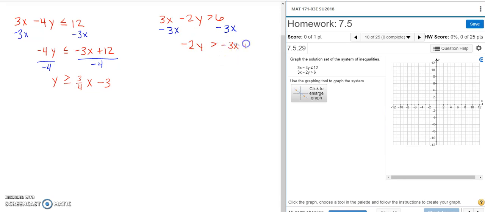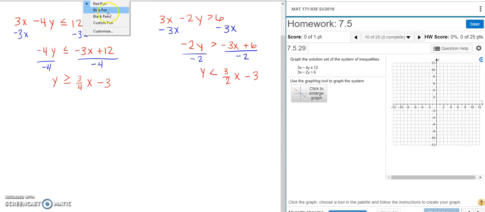But it's not a hard rule to remember, and it will save you time later. Okay, so I've divided by a negative, so my inequality sign flips directions because I divided by a negative number.